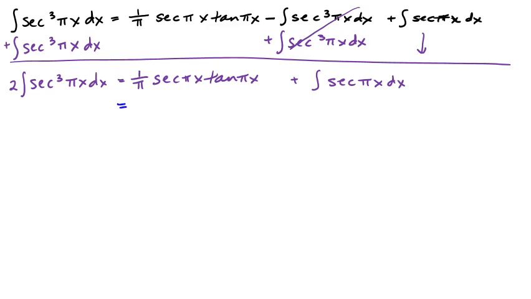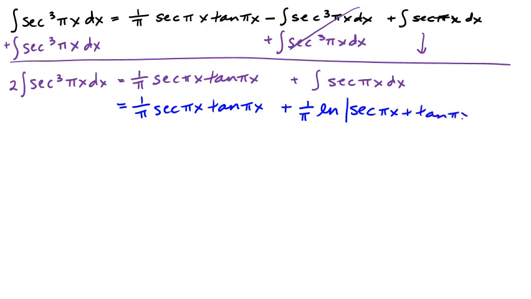So this here is equal to the following. This antiderivative is 1 over pi times the natural log of the absolute value of secant of pi x plus tangent of pi x. Oops, this is absolute value. And then plus c. Now you are probably thinking, mind blown. You can refer to number 12 on the basic integration rules chart for that.